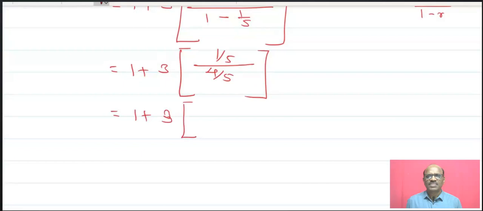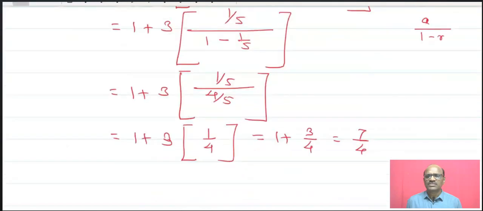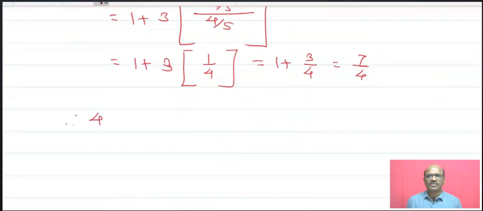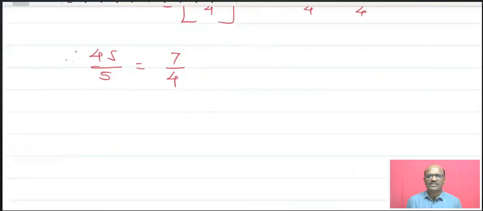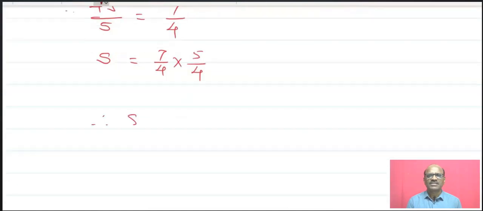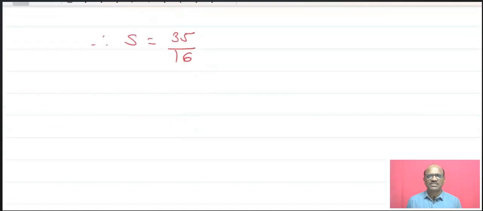You will get that 3 into 1 by 4, and that is equal to 7 upon 4. Therefore, 4S upon 5 is equal to 7 upon 4, and that's why S is equal to 35 upon 16. The value of S is 35 upon 16.